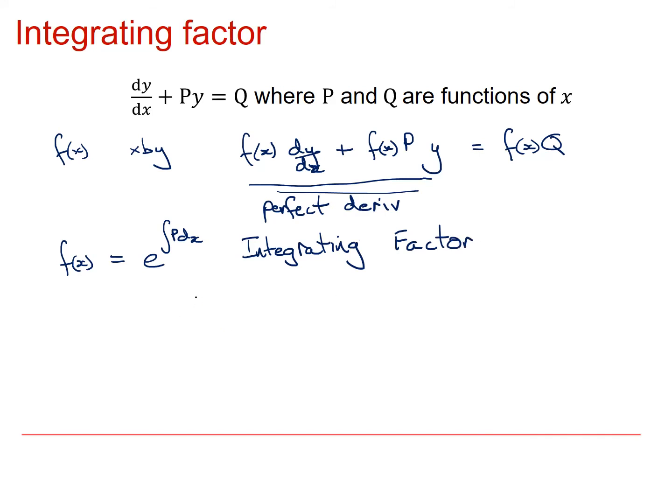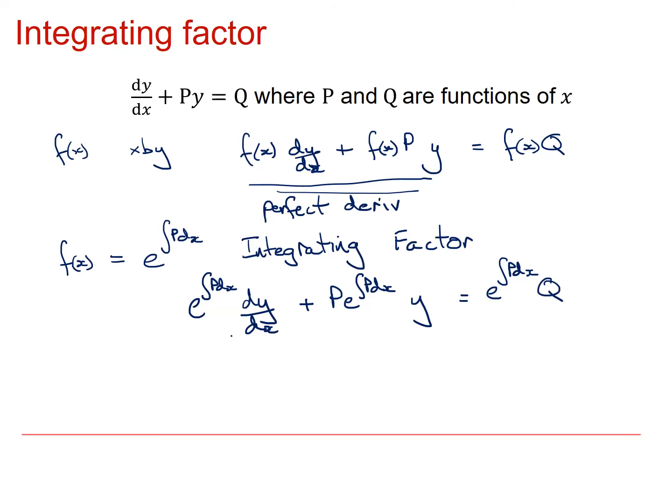So what we'd get is e to the integral p dx times dy by dx plus p e to the integral p dx times y is equal to e to the integral p dx times q. If you look at this for a second, you'll see that if I differentiate e to the integral p dx, I get e to the integral p dx again, multiplied by the derivative of the power, which is p.